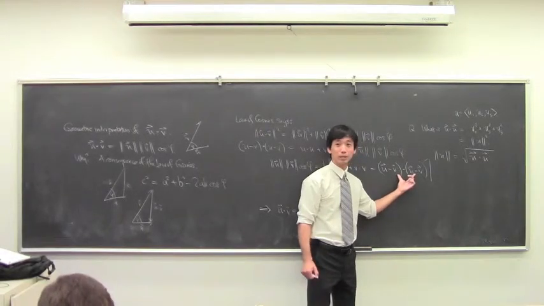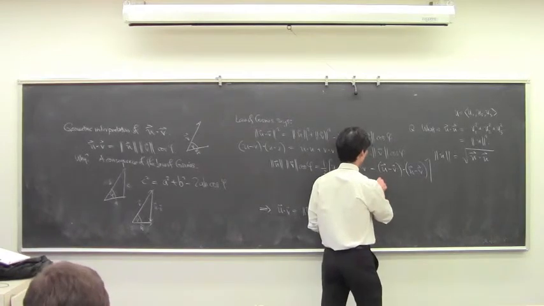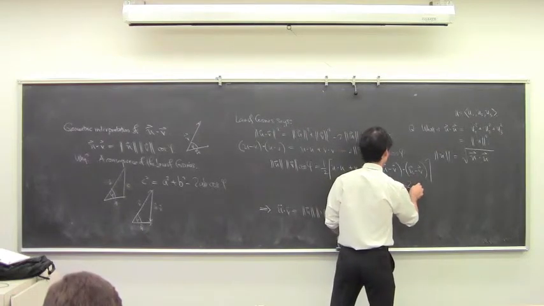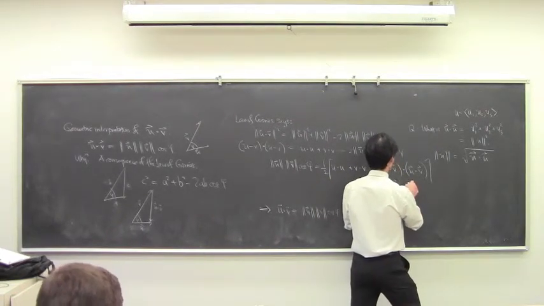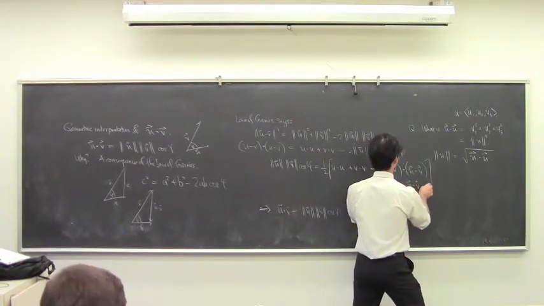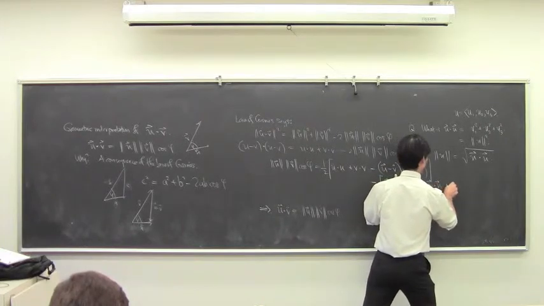We can do multiplication just like we do with numbers. So this is going to be minus u dot u minus 2, well, there's going to be a minus u dot v and also a minus v dot u, and then there's a plus v dot v.